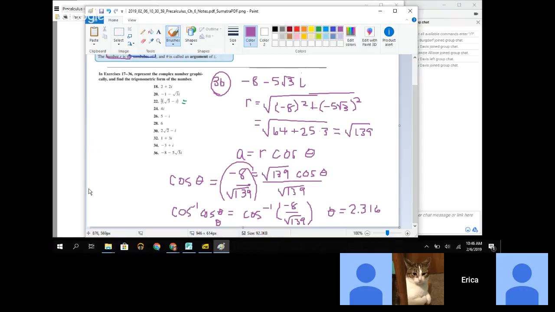Okay. I also want to double check and see what I get when I do my tangent. So if I do the tangent of theta, the tangent of theta equals your complex number, which is -5 square root of 3 over -8. Let's see what we get when we do that.